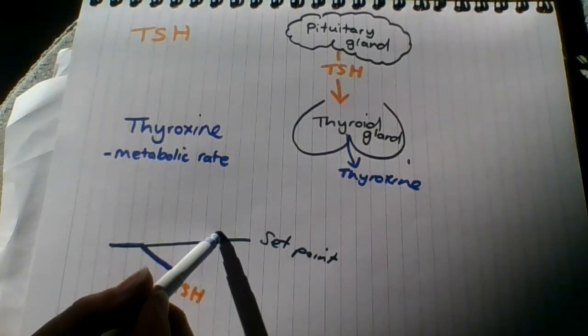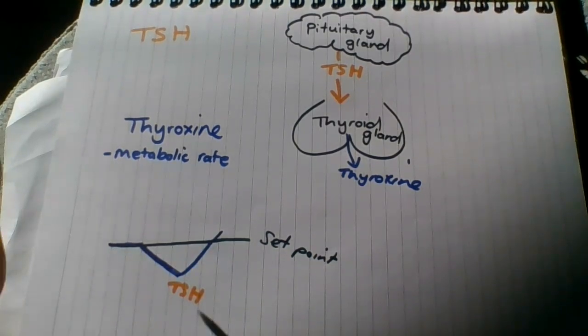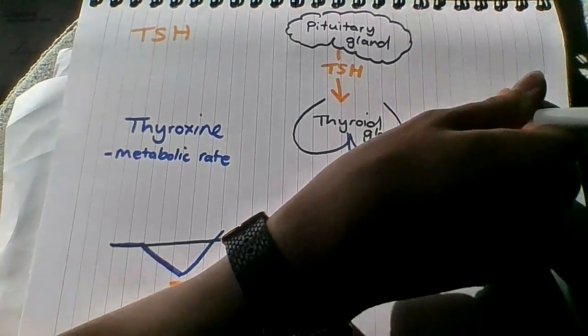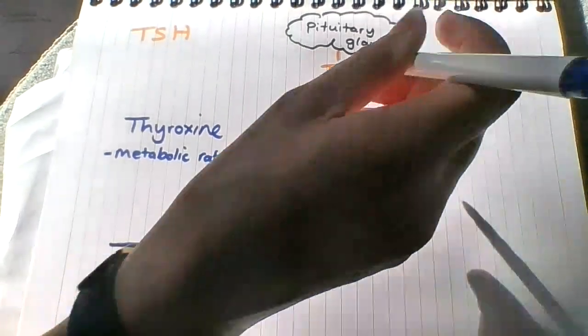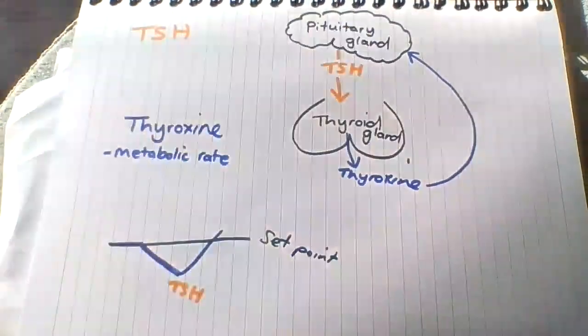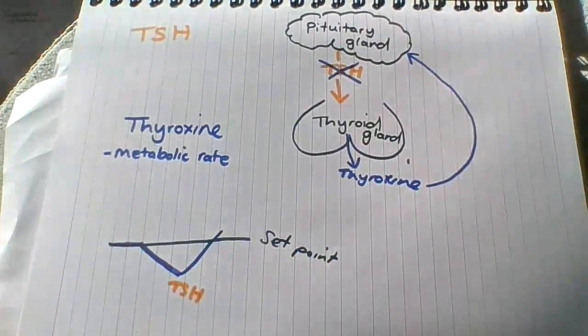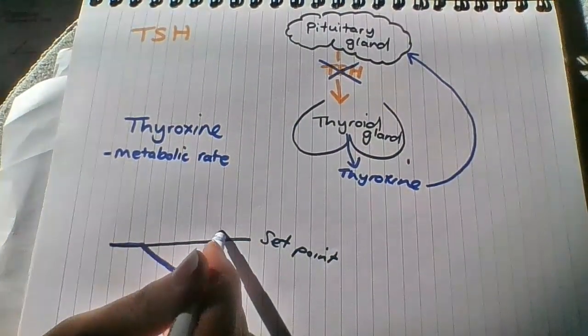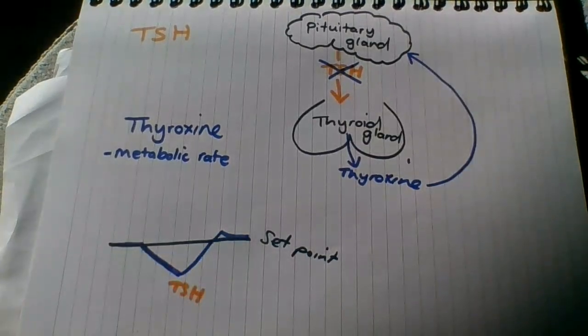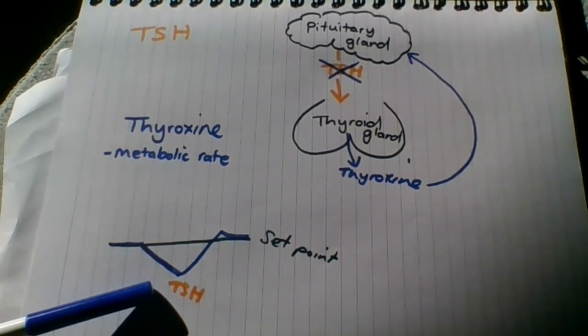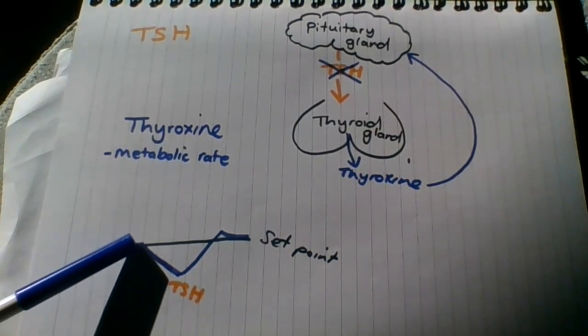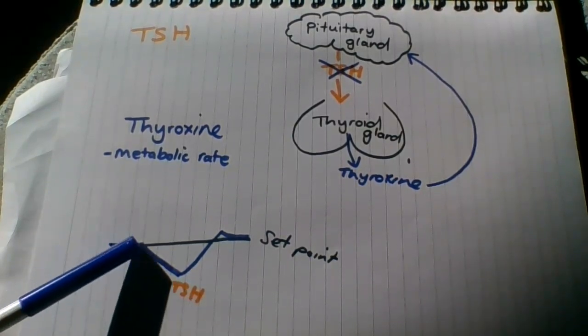Now, if it starts to go above the set point, all that thyroxine, as it starts to increase, will negatively feed back on the pituitary gland and stop any further release of TSH, allowing it to stay at its set point. So you've got two lovely examples there of negative feedback. As soon as those thyroxine levels drop, we've got a change.